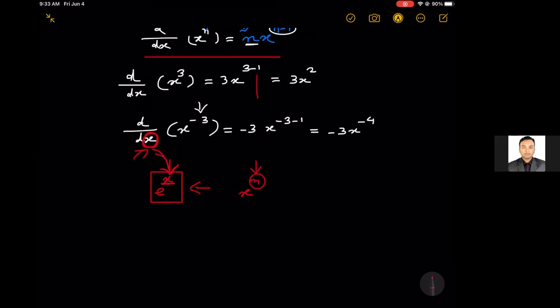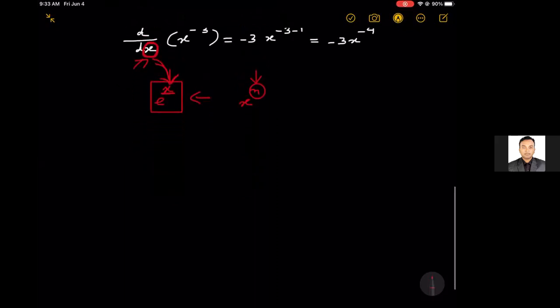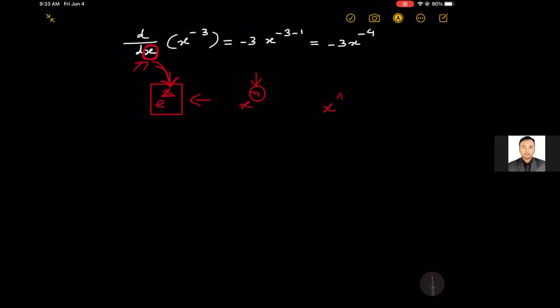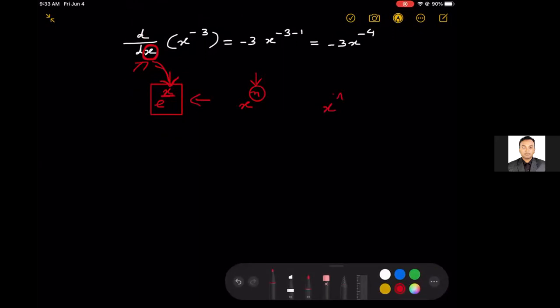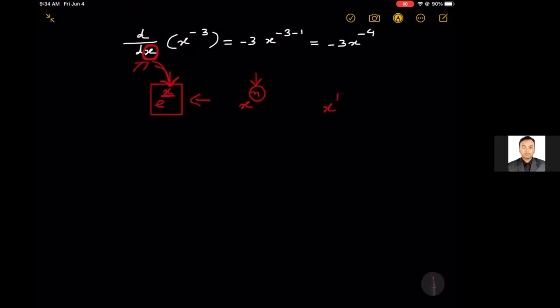Let's say x to the pi. That's still fine. I'm really bad at writing pi's. Yeah, it looks good. Okay, so if it's like this, then it's still okay. But again, it can't be x to the y, or y to the x, t to the x, x to the t. It can't be variables like this.